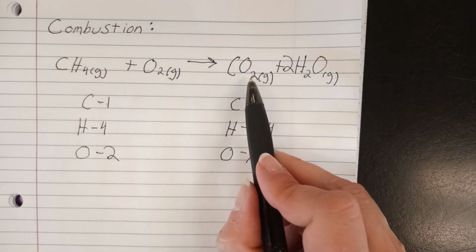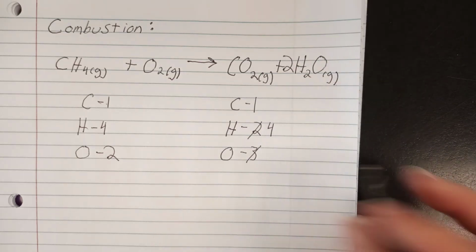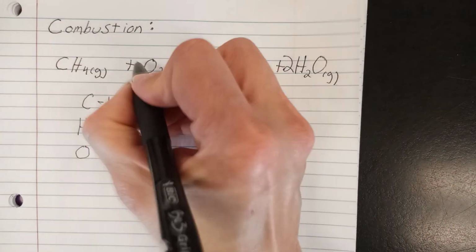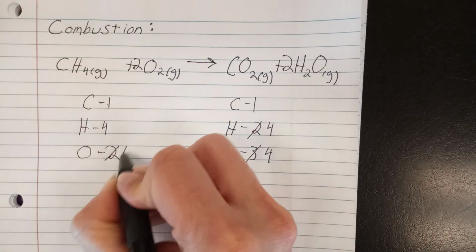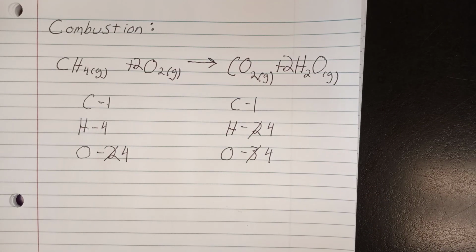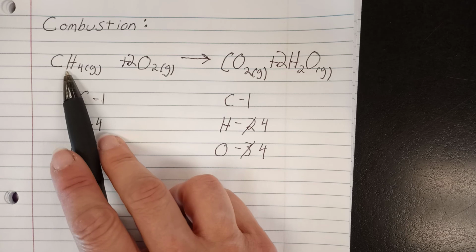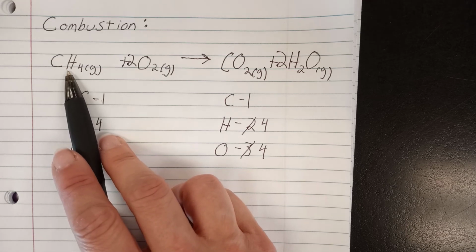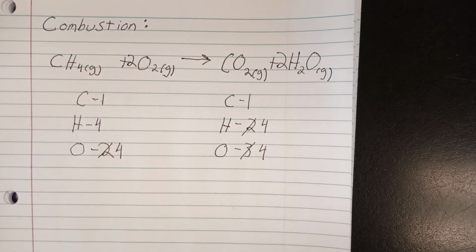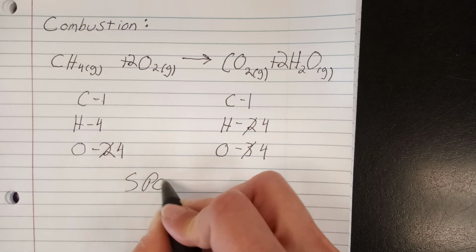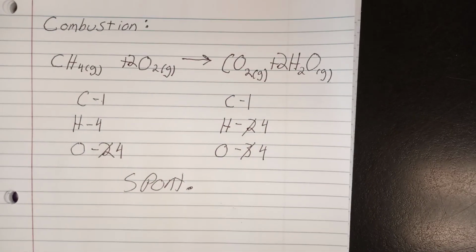Changes my oxygen to 2 here, plus 2 there, gives me 4. So I'll need a 2 right here. 4 total. Is it spontaneous? Yes. Something made out of carbon and hydrogen is going to burn every time. So combustion reactions are always spontaneous. There you go.